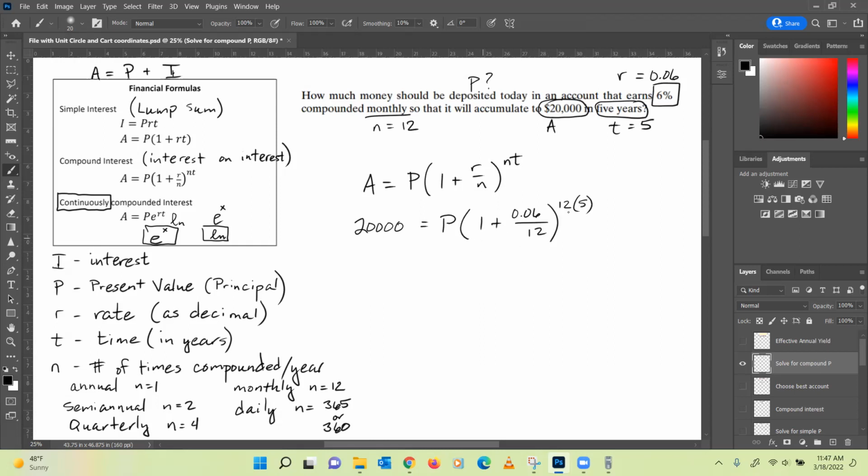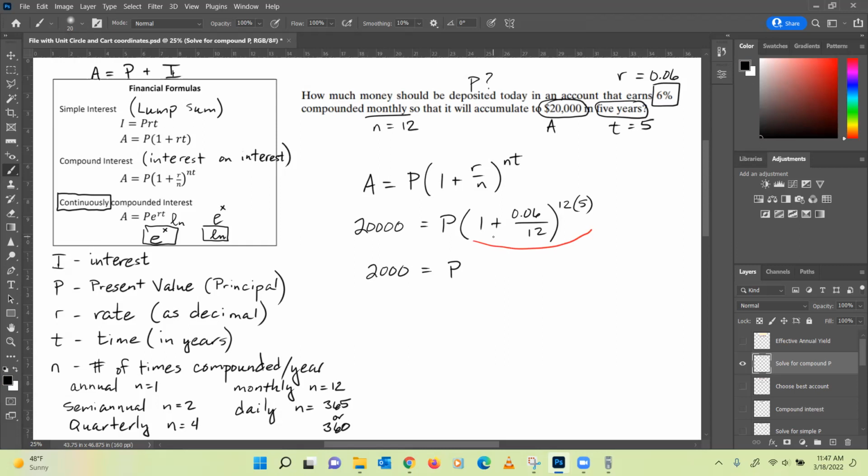So I'm going to treat this whole thing after the P as if it's 1 unit. I'll just go ahead and plug that part into my calculator. So we have 1 plus 0.06 divided by 12.